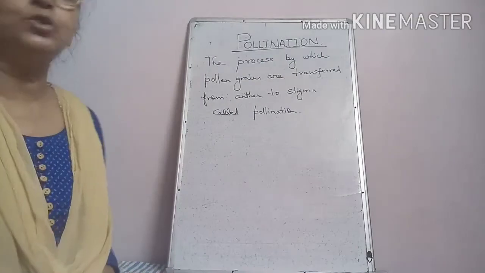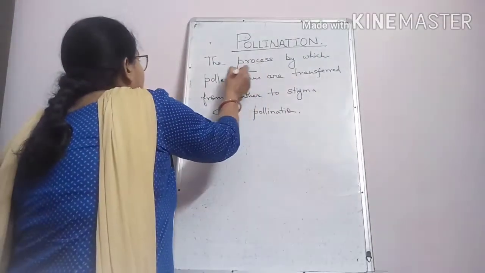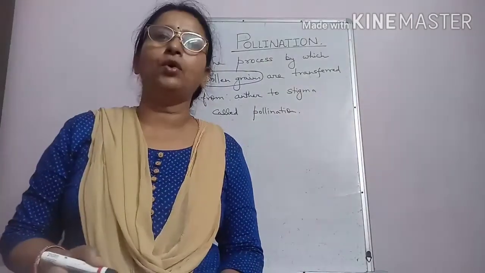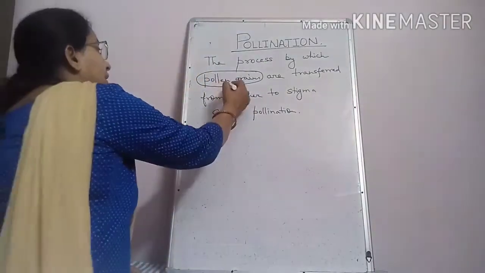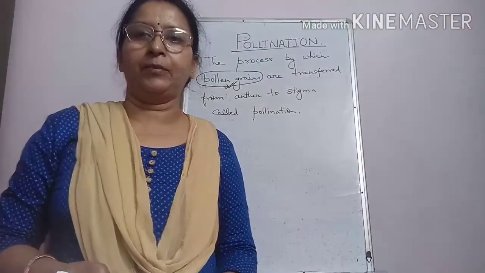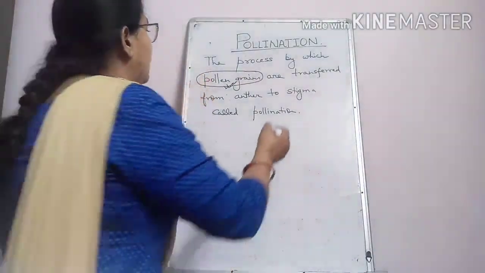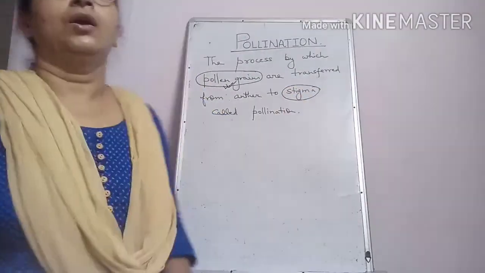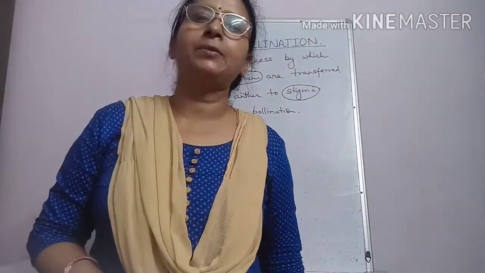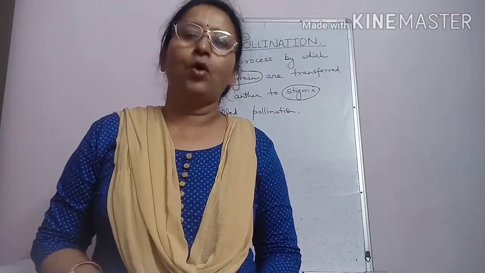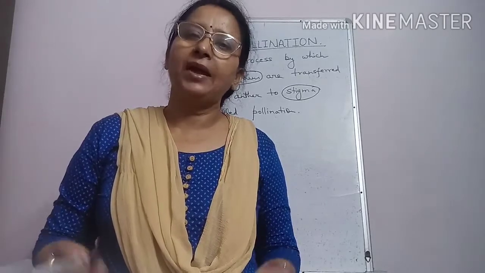Now come to the point, why will the pollen grain be transferred? You know very well that pollen grains contain male gamete. Why will it be transferred to the stigma? Because stigma is part of carpel, and in carpel, ovary, ovule, egg.